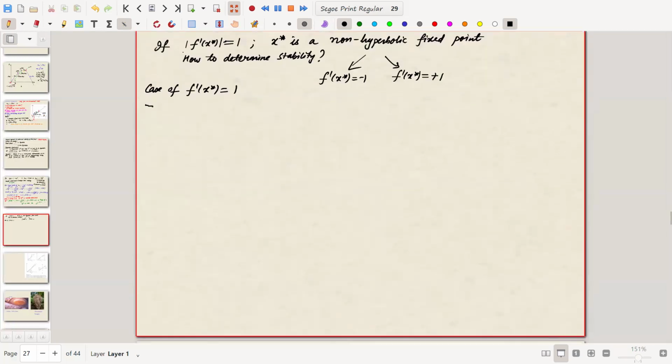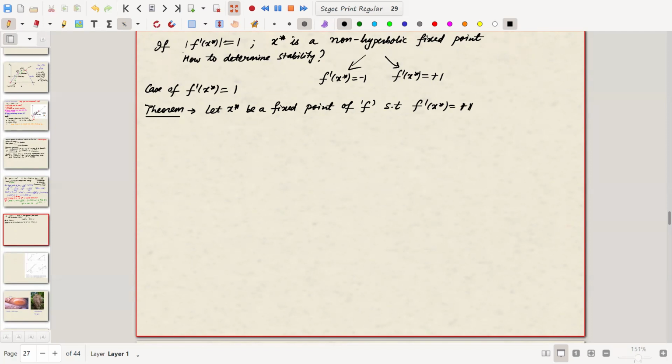So this is a theorem. Let x star be a fixed point of the map f, such that f prime at x star is equal to plus 1. That means we are in the non-hyperbolic regime.